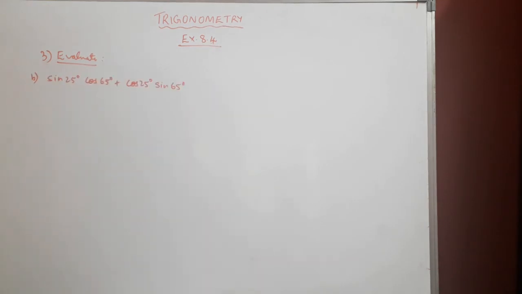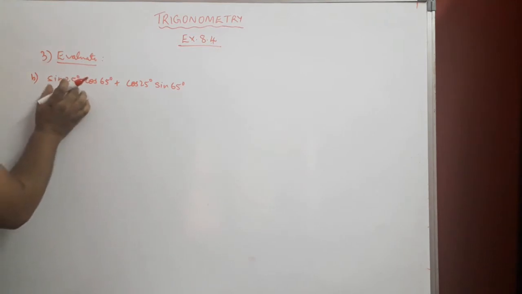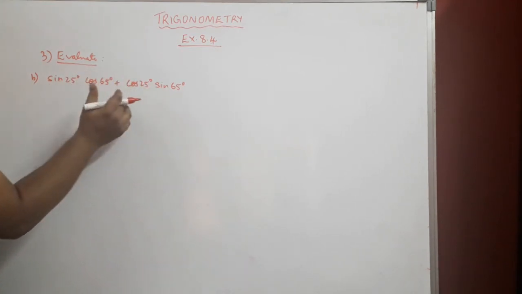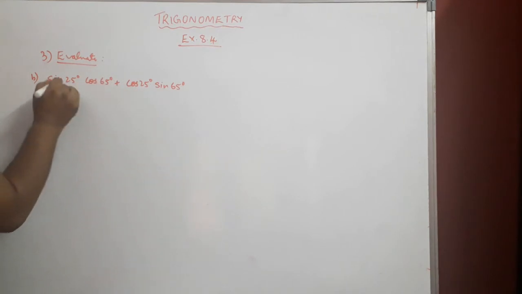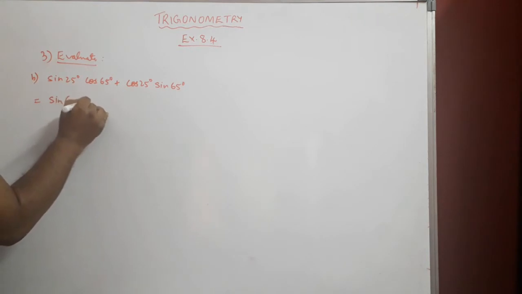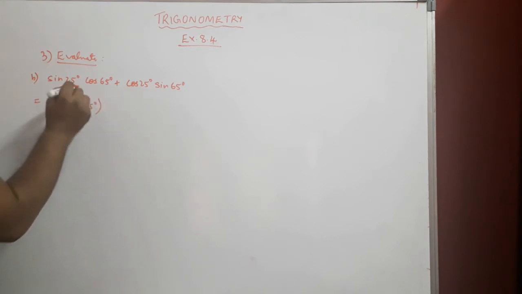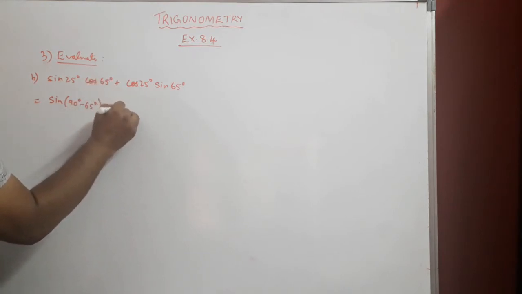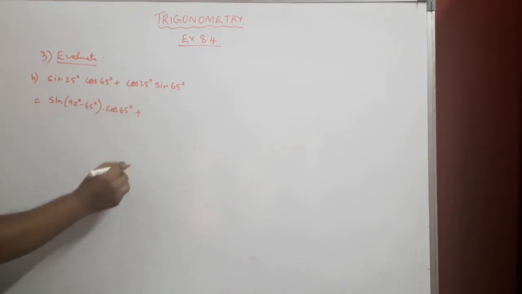The next problem is sine 25 degrees cos 65 degrees plus cos 25 degrees sine 65 degrees. So let us try and convert one of these into their complements, and the same way over here as well, and see what we get. So sine of 25 degrees can be written as sine of 90 degrees minus 65 degrees. 65 plus 25 gives us 90, and this is multiplied by cos 65 degrees, I'll leave it the way it is.